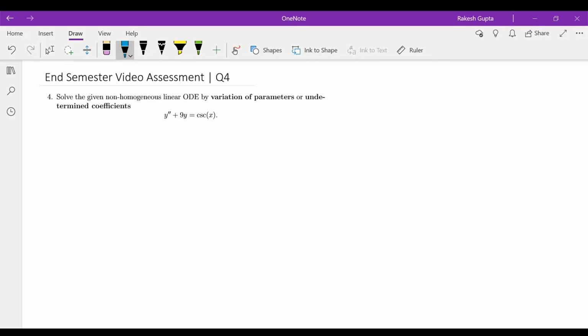So let's start by seeing what we have in the question. We have a non-homogeneous linear ODE, which is given by this equation.